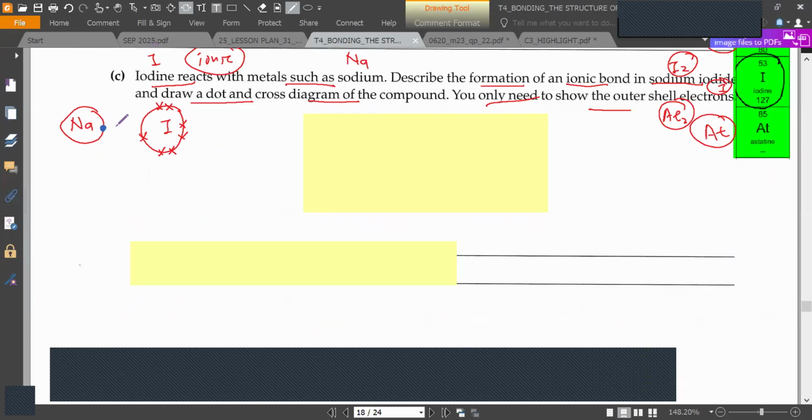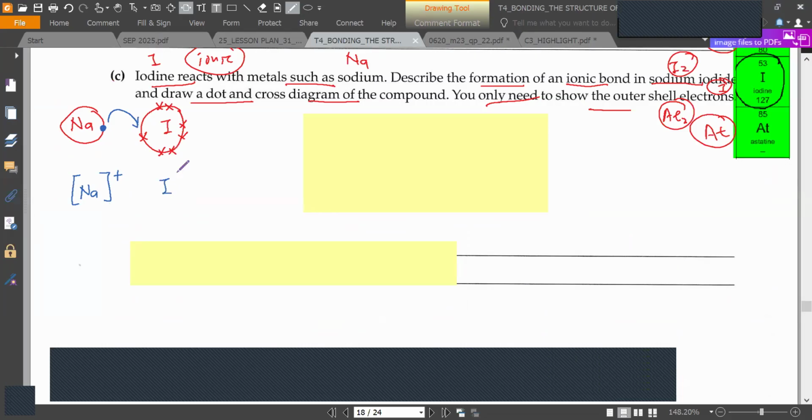So what will happen? This one electron will be transferred to the iodine. So we end up with sodium with no more outer electron, and a plus one charge, having lost one electron.